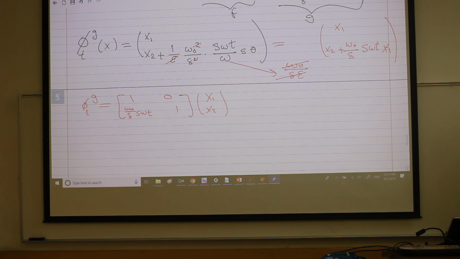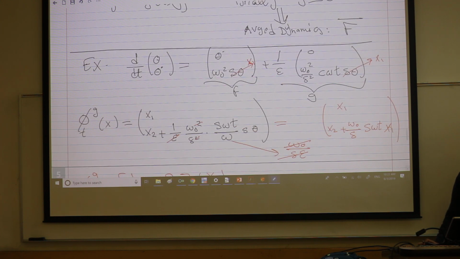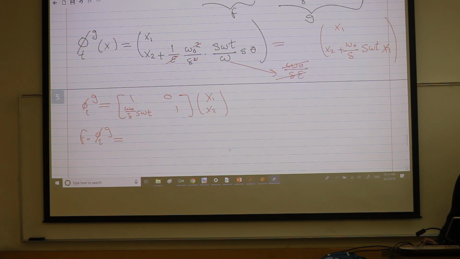And then we compose F with this guy. So what is F? Let's go and see F. So F takes x1, x2 and gives you what? The first element is x2, right? Remember, theta is x1, theta dot is x2. So F of any point is x2 at the beginning and omega naught squared x1.